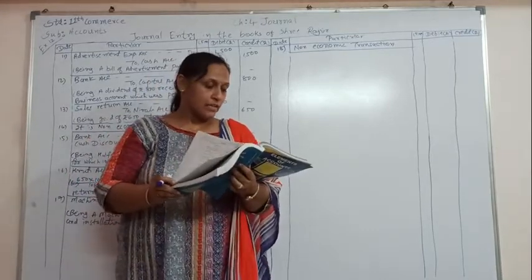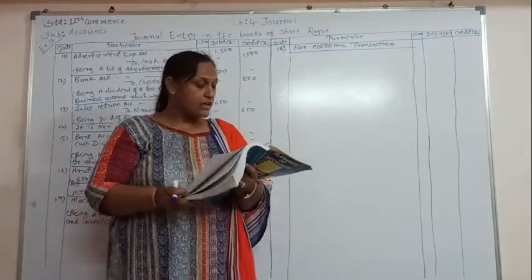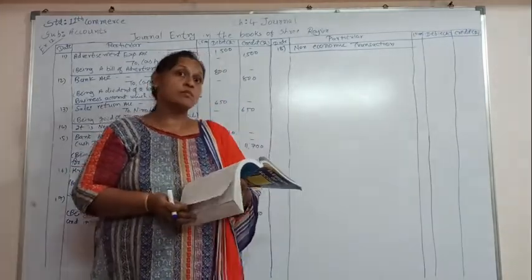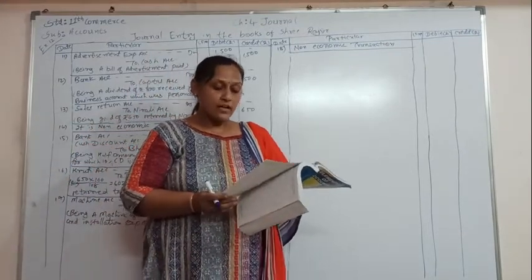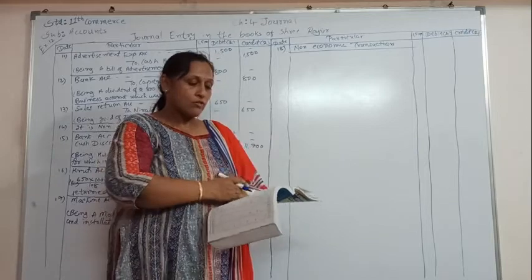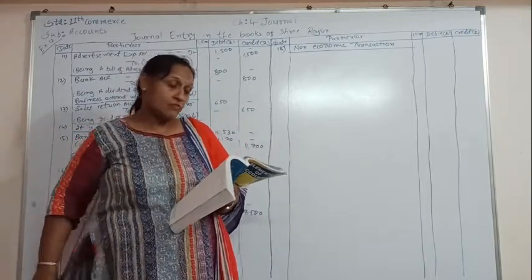So we are supposed to pay them 30,000, and from 30,000 we know that 500 goods we have returned to them. So it will be 29,500, and from that we are taking the discount of rupees 100. So we are going to pay them 29,400.